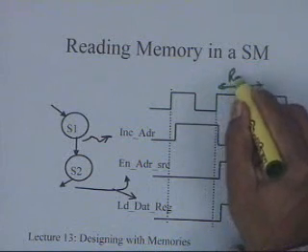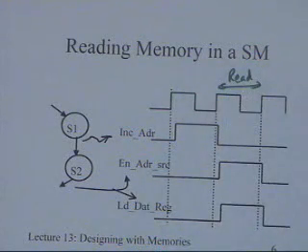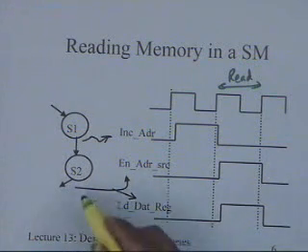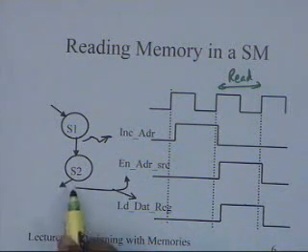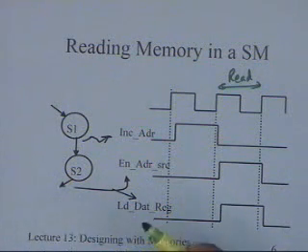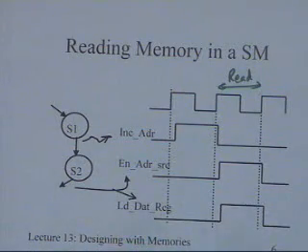This is my read cycle. This is my memory read cycle. And this I am going to have to associate with this output of the state. Of course, depending on whether you are using a Moore model or the Mealy model: if you are using a Moore model, then you can associate the outputs with the states. If you are using a Mealy model, you have to associate with the transitions. So this part is very clear.